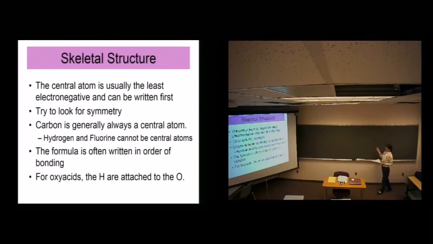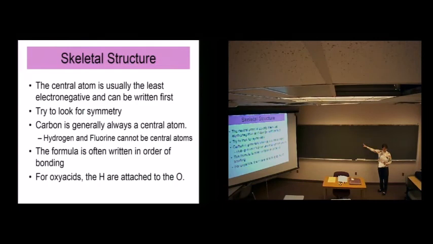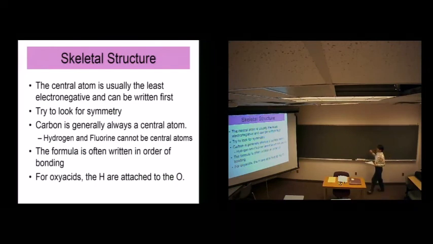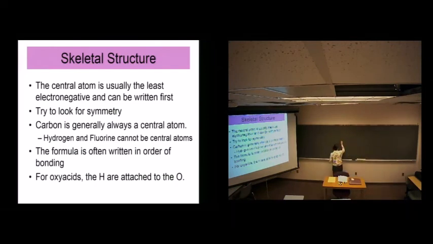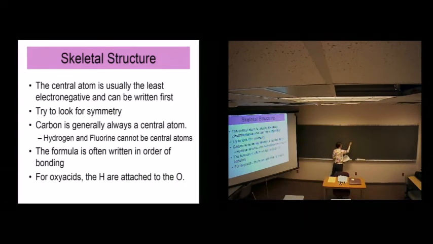All right, now if you're looking at H2SO4, we're thinking, hey, doesn't it look like sulfur's the central atom and hydrogen's bonded to it? I mean, it kind of looks like that, doesn't it? But in this case, it's not. So for oxyacids, we have to think. Sulfur, yes, is the central atom, and the oxygens are around sulfur, but not the hydrogens.